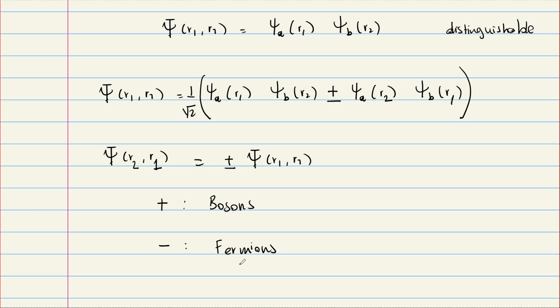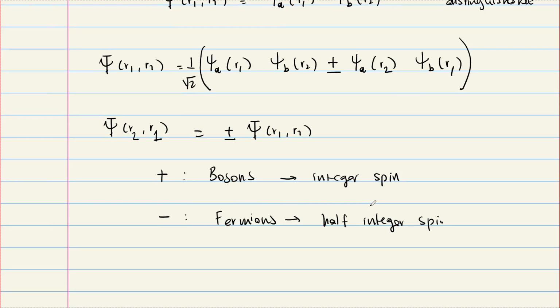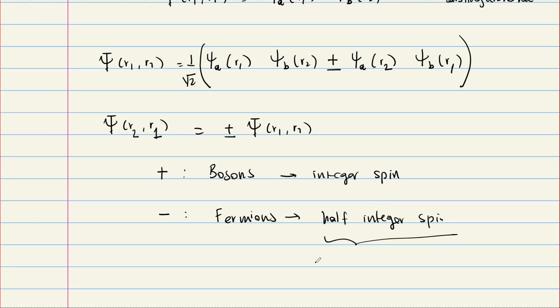If you are interested, you can learn the second part of this course, and maybe in a couple of years you can learn relativistic quantum mechanics, but what it says is that bosons are integer spin, and fermions are half integer spin.